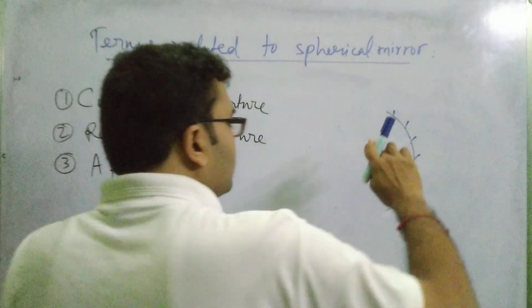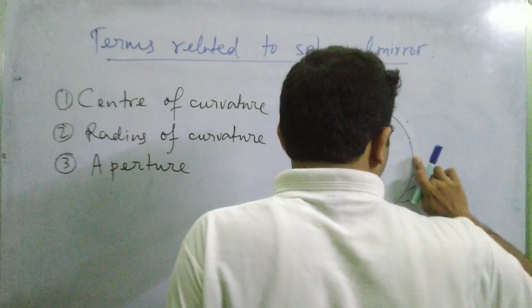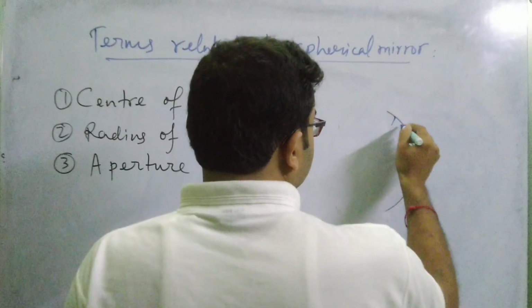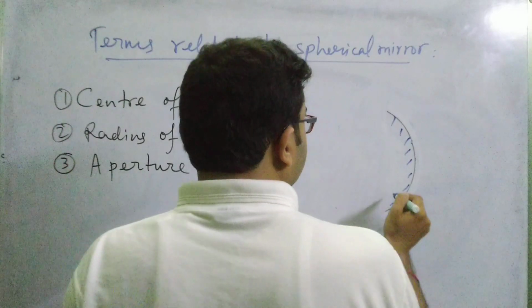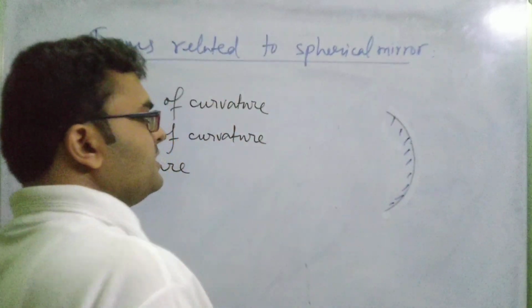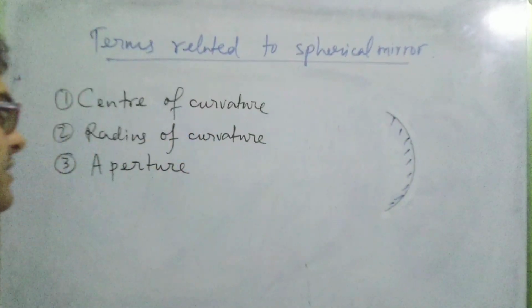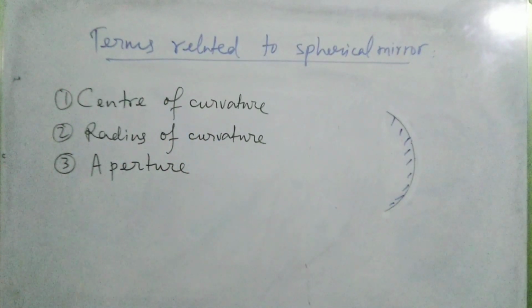For a convex mirror, the silvering is done on the inner side, and the outer surface is exposed to the light, so that is regarded as the aperture. So the definition of aperture: the surface of the mirror which is exposed to light, and from which reflection takes place, is called the aperture.